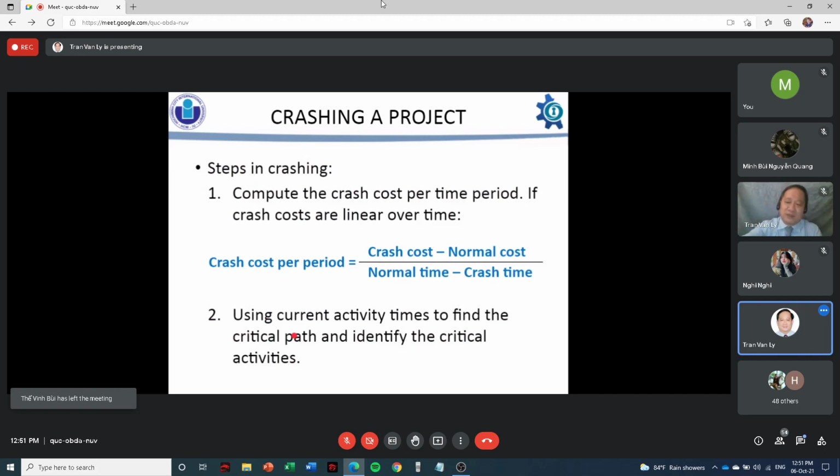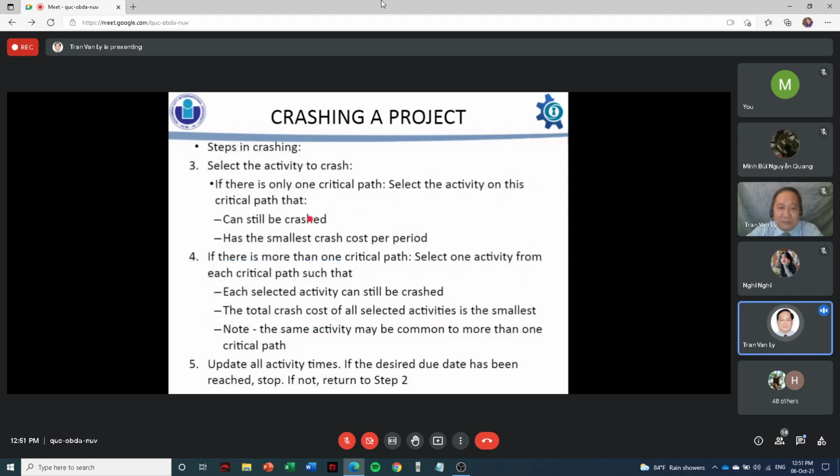you can use many kinds of software or language to code. So remember, one by one and step by step. Select the activity on the critical path with the least cost, within the crashable amount. Some activities cannot be crashed any further.